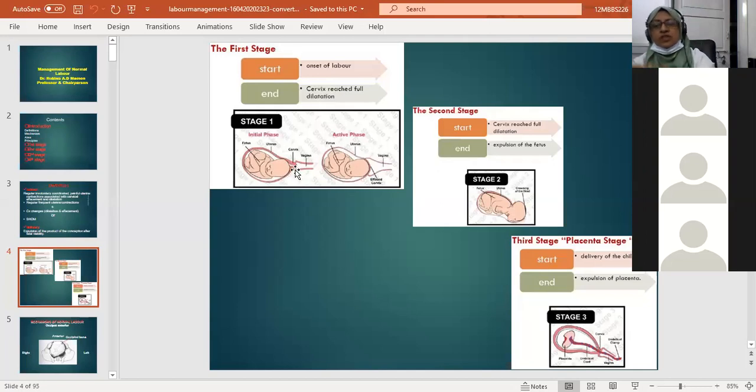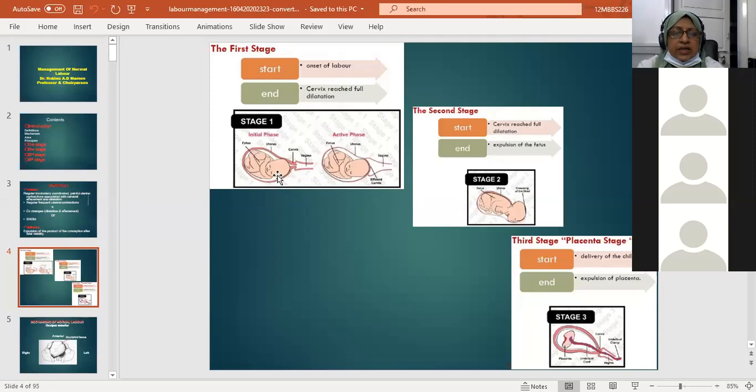What do we mean by effacement? Effacement is the absorption of the cervix by the lower uterine segment, and we categorize it in percentages according to the length of the cervix. The normal length of the cervix is 3.3 to 3.5 centimeters. If the cervix is 50% effaced, it means 50% has been absorbed by the lower uterine segment, and the cervix is about 1.5 to 2 centimeters long.